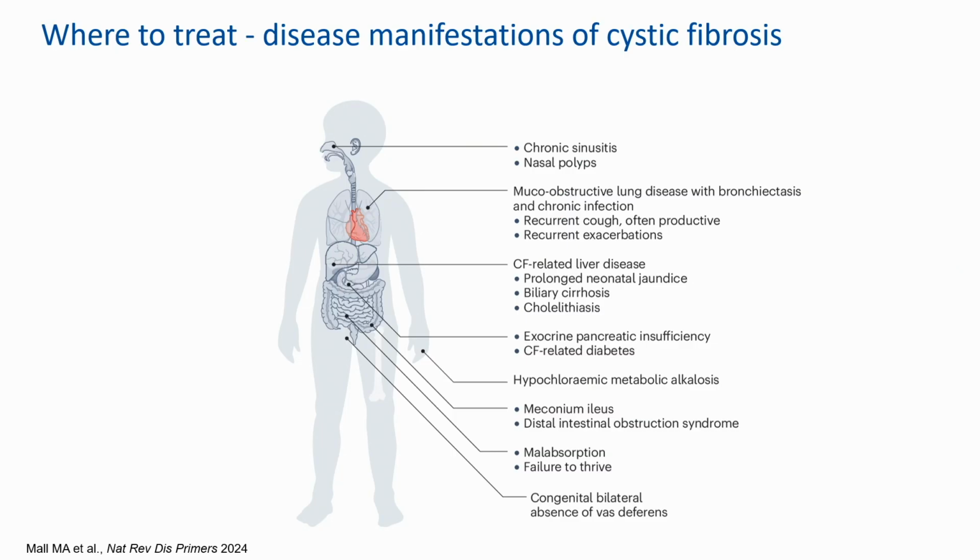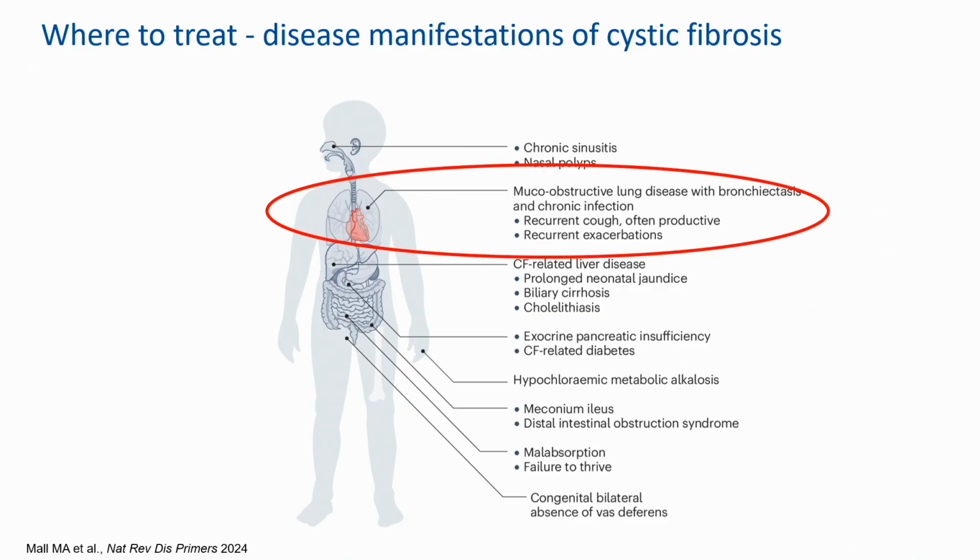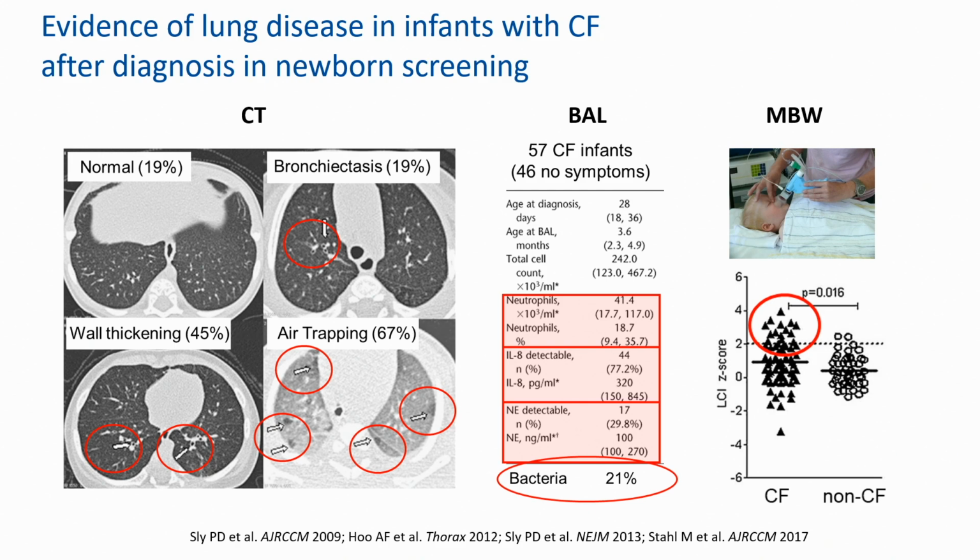Again, looking at the disease manifestations, I think we all agree that where I have problems caused by CF, that's probably where I would like to treat the disease. And let's start with the lungs. We know from measurements after newborn screening that about 20% of the children with CF already have bronchiectasis right after birth, and about 50 to 67% have airway wall thickening or air trapping.